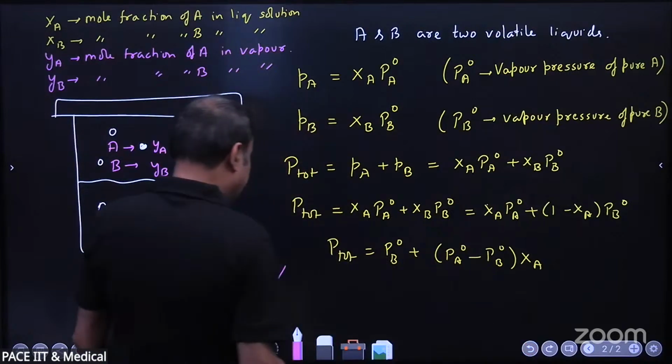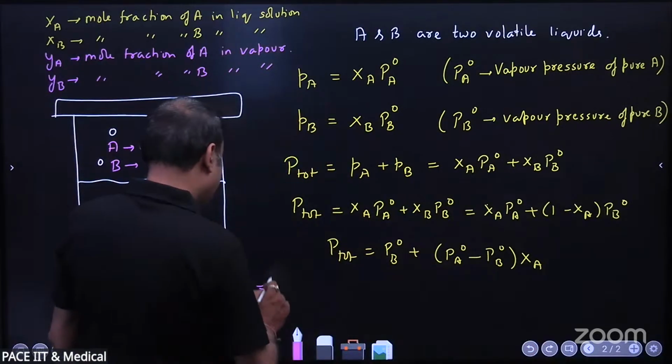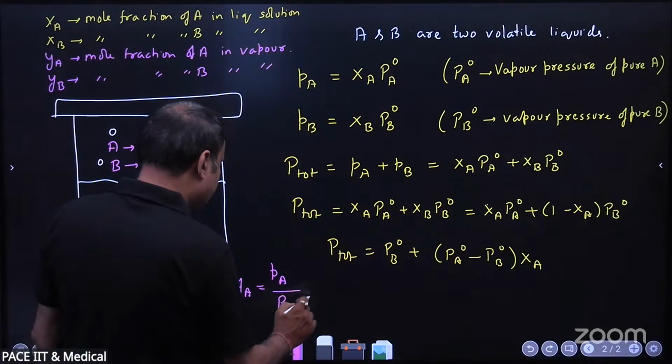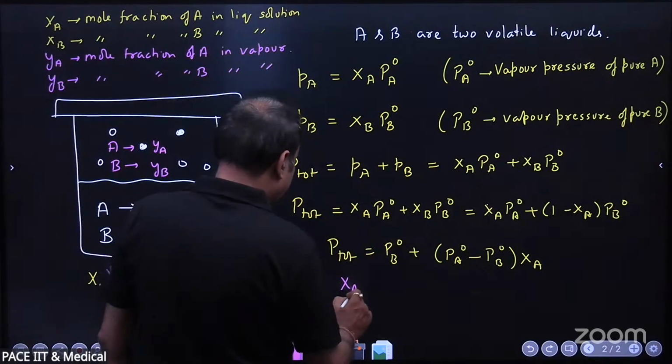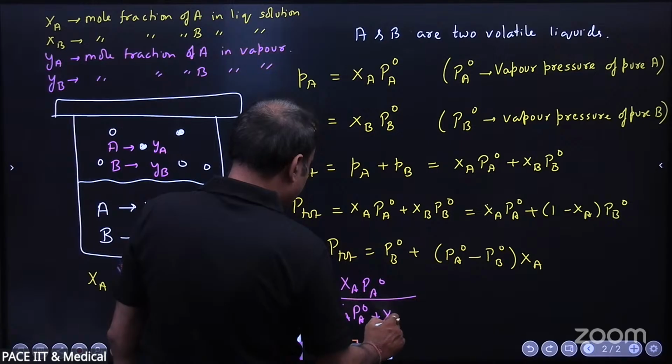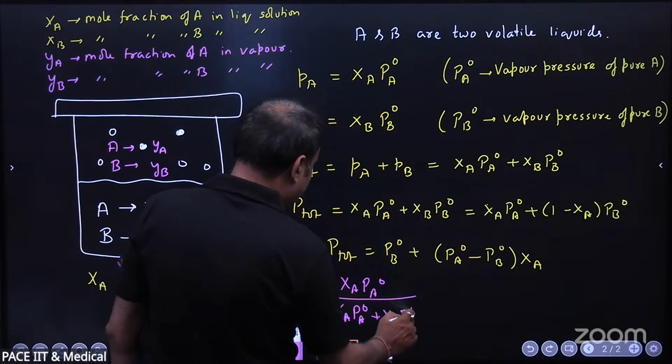YA we can write as partial pressure of A by total pressure. That will be XA PA0 upon XA PA0 plus XB PB0.